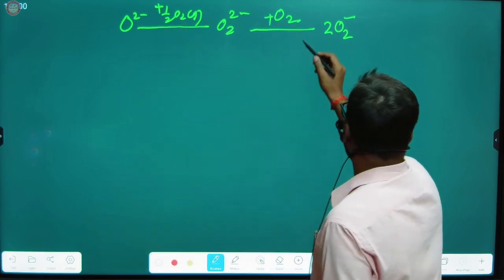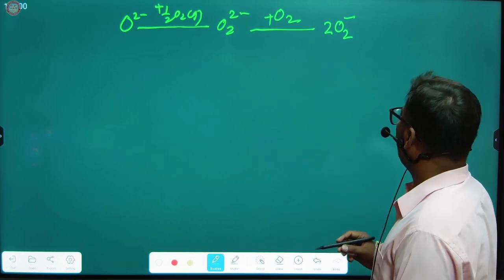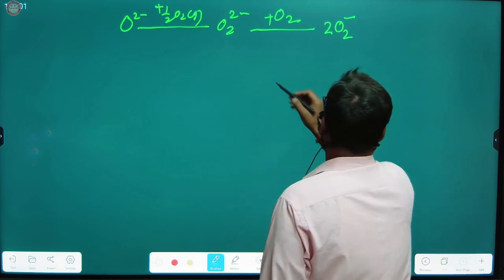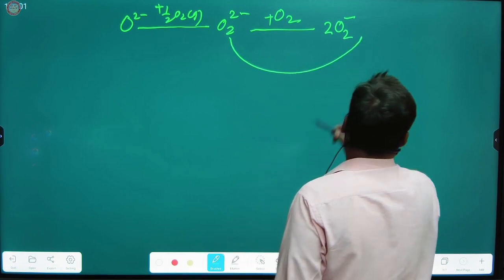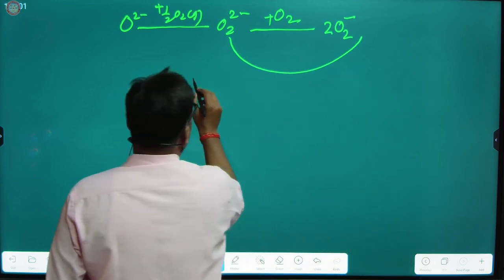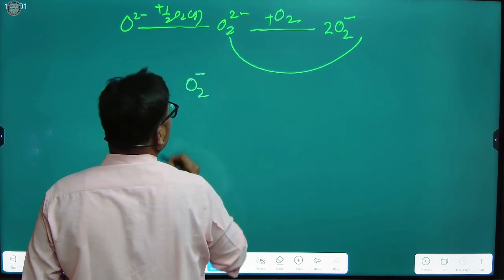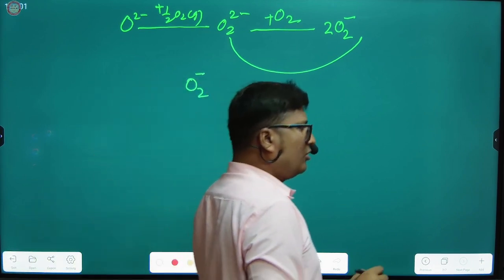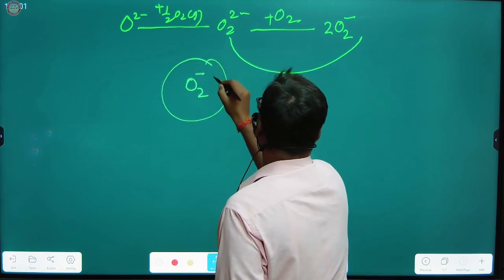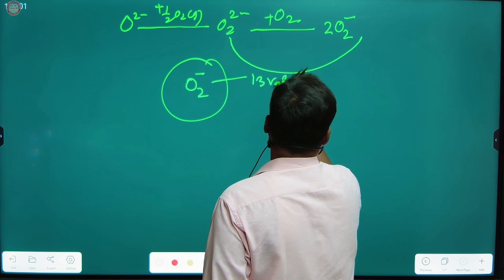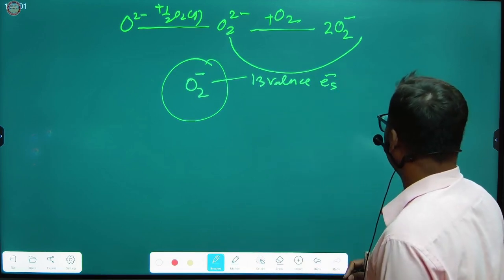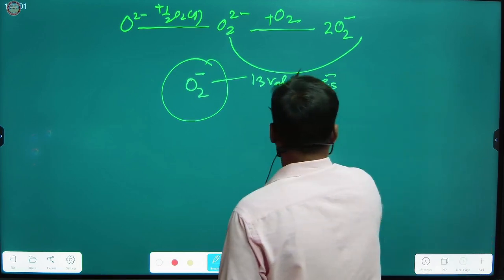So one oxygen molecule is added to the peroxide to form 2 moles of superoxide, that is O2 minus. It has only 13 valence electrons, so one electron remains unpaired.